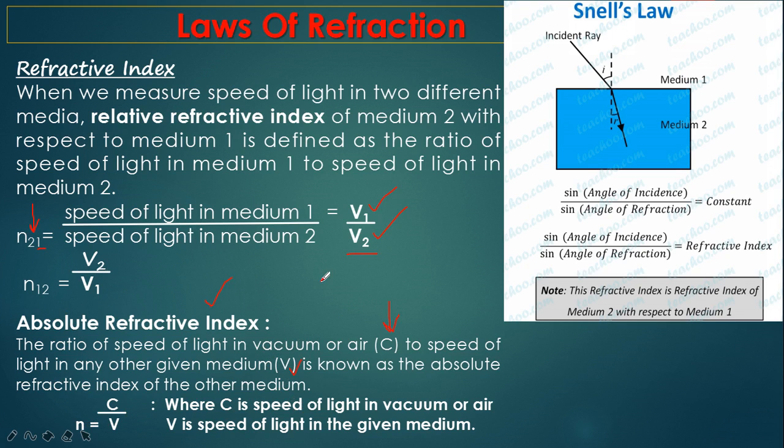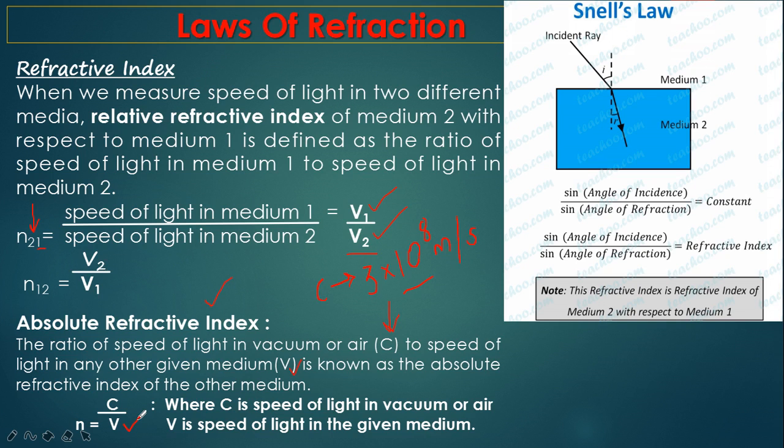Now what is the value of C? This you have to remember: the value of C, the speed of light in vacuum or air, is nearly the same. The value is almost 3 lakh kilometer per second, but we have to take the SI units, which is 3 into 10 raised to the power 8 meter per second, which is very high, you can see. So this is the value of C, and V is the speed of light in the other medium.